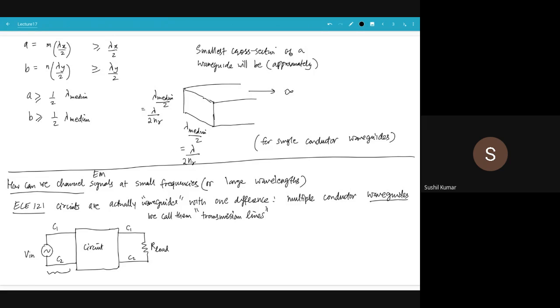This is a waveguide or transmission line. I'm going to call it TL. This is also a transmission line. And this is, in general, the most common transmission line. Most common transmission lines are made up of two conductors.